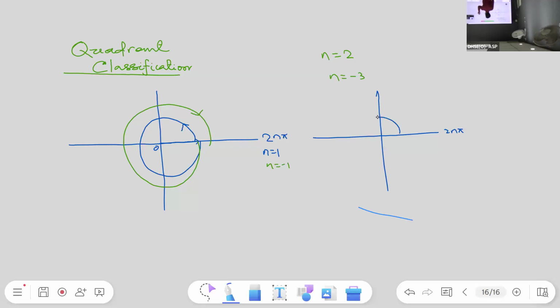This is your first quadrant. This is your second quadrant. This is the third quadrant. And this is the fourth quadrant.